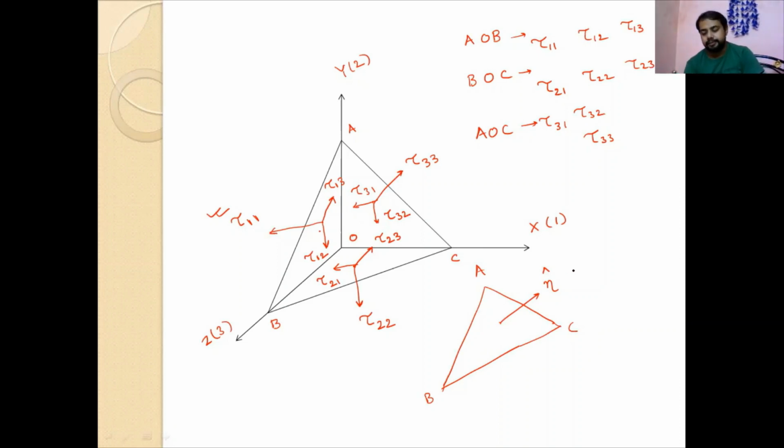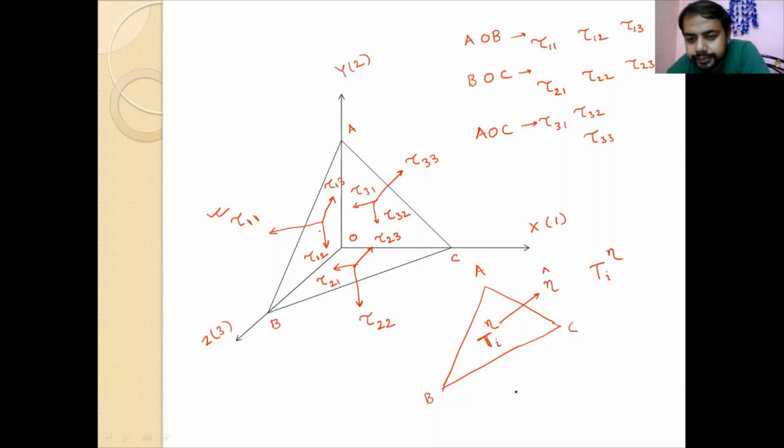Taking it as eta, this is the unit vector of the general surface. And the stress acting here is the general stress. We can consider it as the traction vector. From the general surface, we are considering the traction vector.